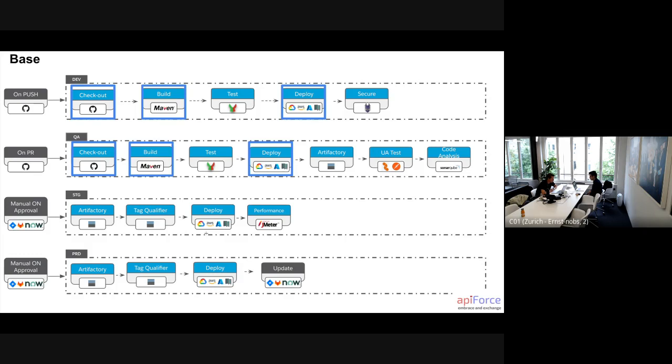In the first session, the goal will be to check out the main branch on Git, build the Mule application with the Maven plugin, and deploy it to one dev environment on CloudHub. That's going to be the first step. Maybe we will also build and deploy it to the QA environment, but let's focus on the first environment, which is dev.